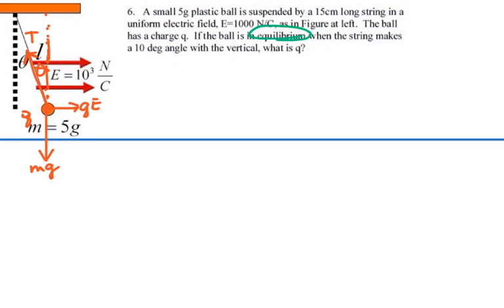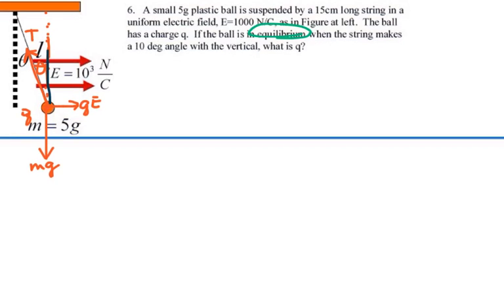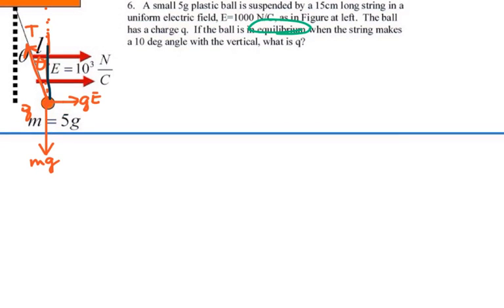And so if I were to break up the tension T into its components, I would have a vertical component here that would be equal to T cosine theta. And then I would have a horizontal component here that would be equal to T sine theta, the opposite the angle theta.